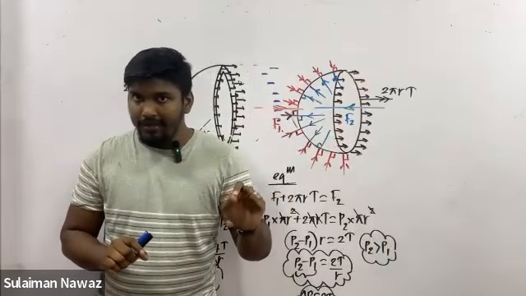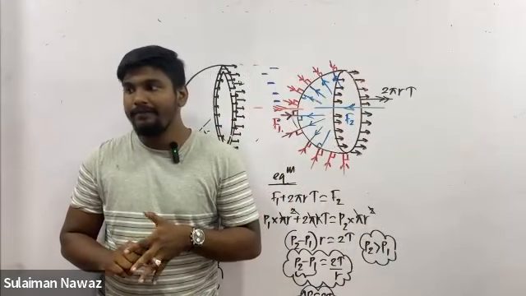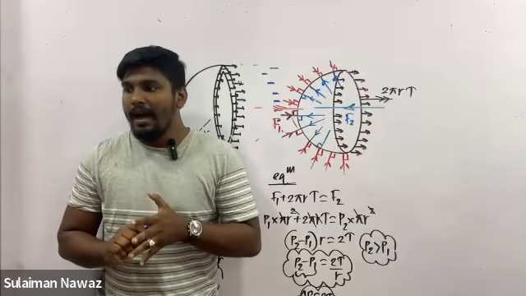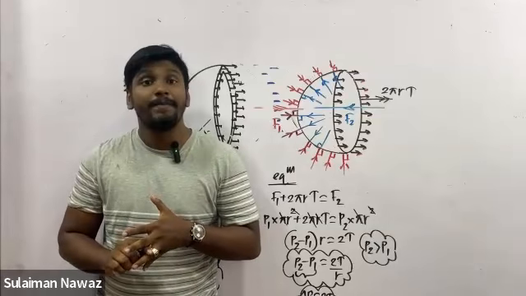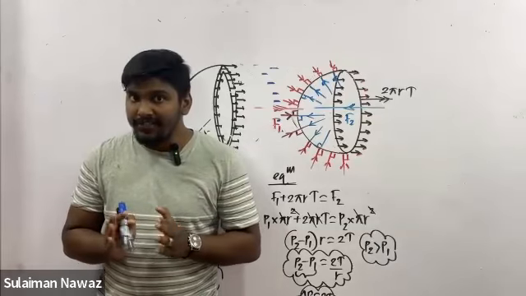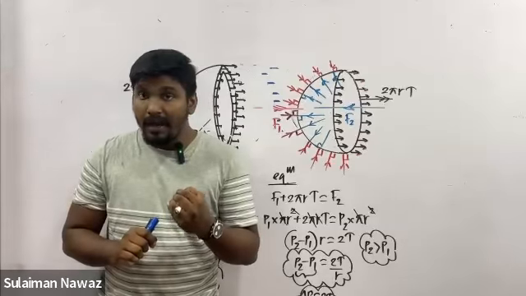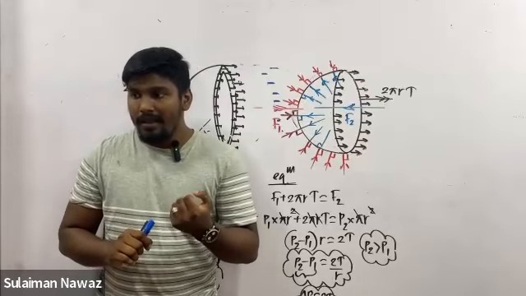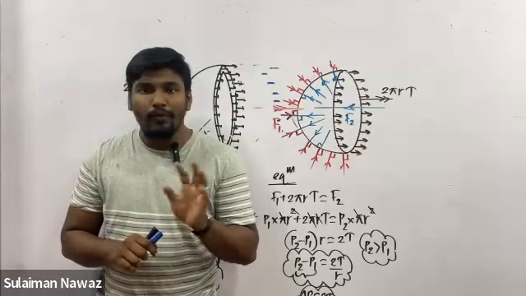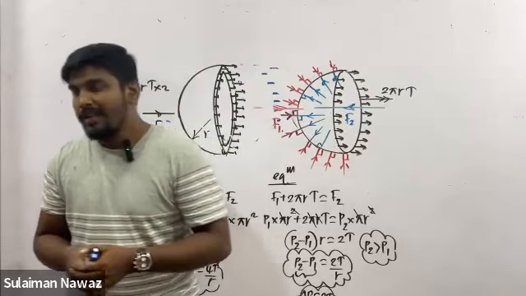now, next point, we'll write as a point. The force acted upon half of the bubble by surface tension equals 2 pi r into capital T. Next point.